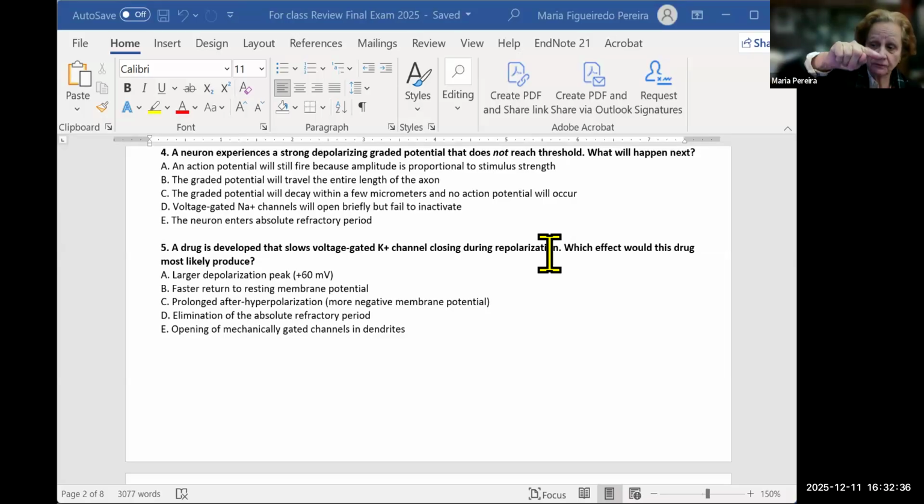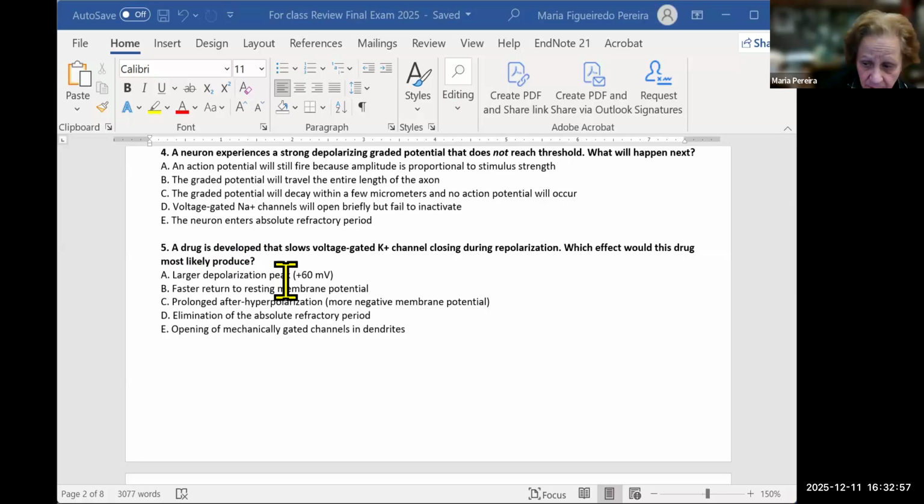Once you reach minus 55, you spike up to plus 30. That's the depolarization stage. Then repolarization: when you open potassium channels, potassium moves out and the cell becomes more negative. So which effect would this drug most likely produce?